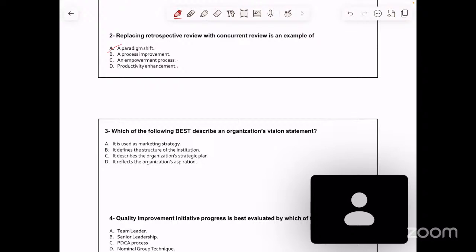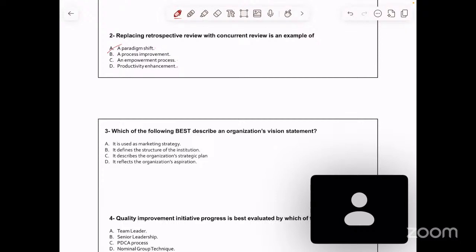Retrospective review is reviewing after the fact, after patients are already discharged, while concurrent review is the real-time monitoring of the patient. So this shift moves from reactive to proactive processes. So the answer here is paradigm shift.